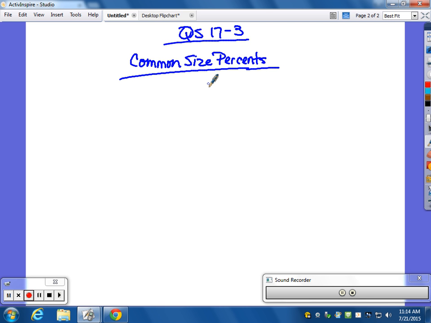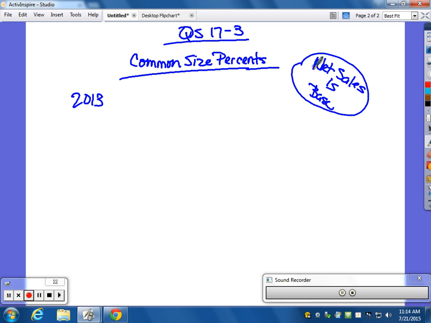Okay, so for 2013, let's start there. Net sales is the base. So for 2013, you're going to use cost of goods sold.